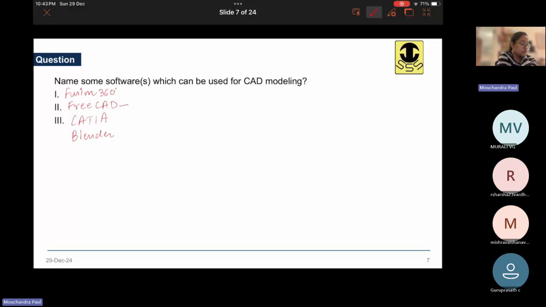Blender and FreeCAD are open source. You can use Tinkercad as well. These are also open source. So suppose you don't have the pro version of Fusion 360 or CATIA, you can use open source ones to do the CAD modeling.